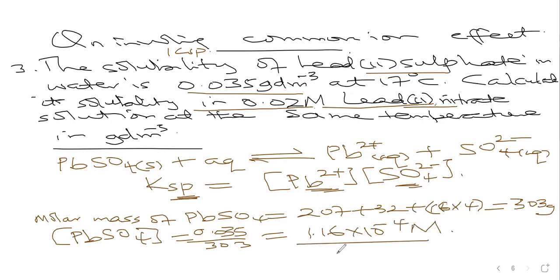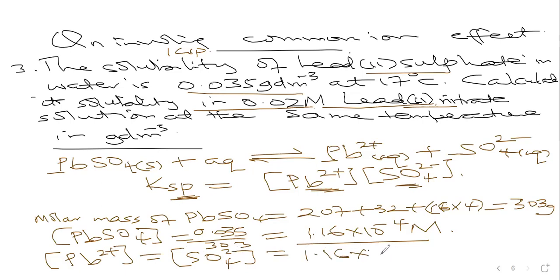That is its molar concentration. So according to the equation, the molar ratio here is 1:1. So that implies that the concentration of lead 2 ions is equal to the concentration of the sulfate ions, and is equal to the same value. Are we together?